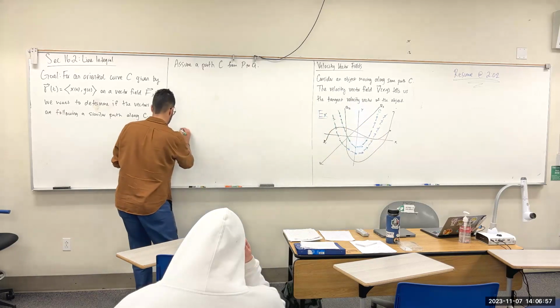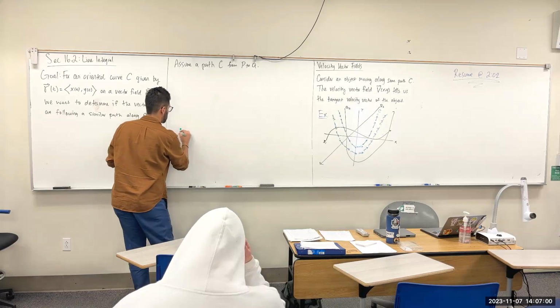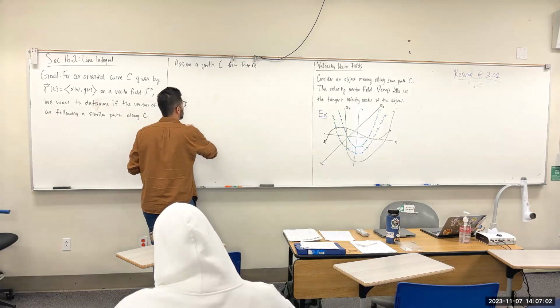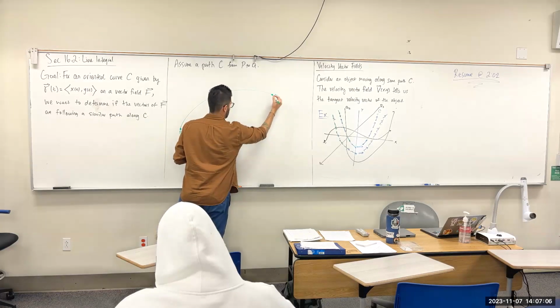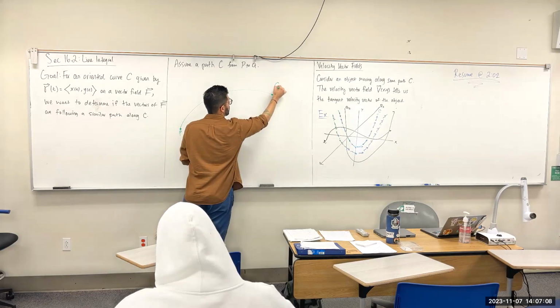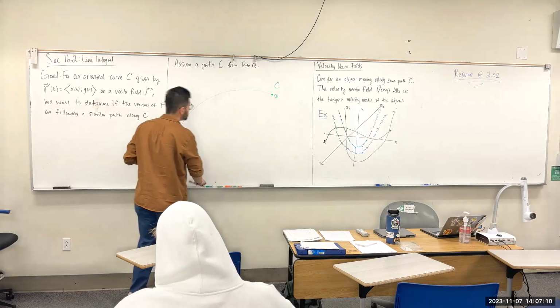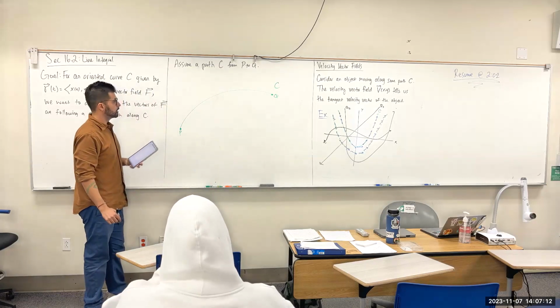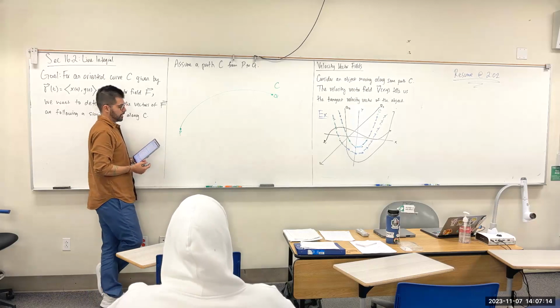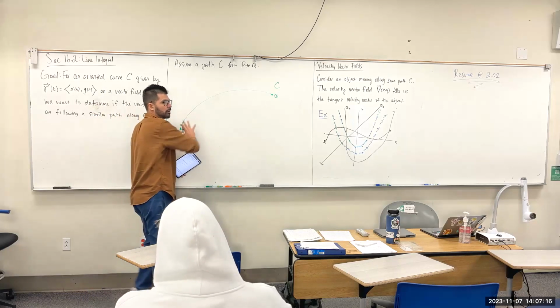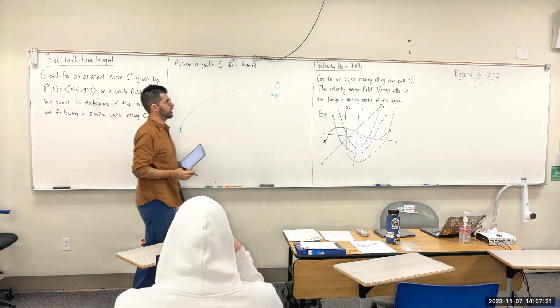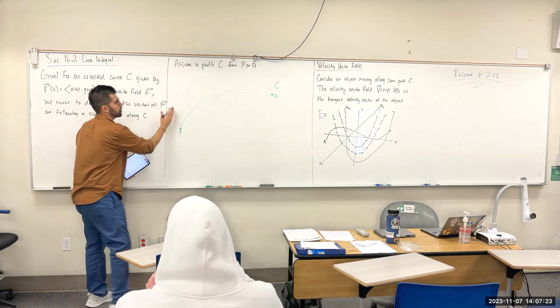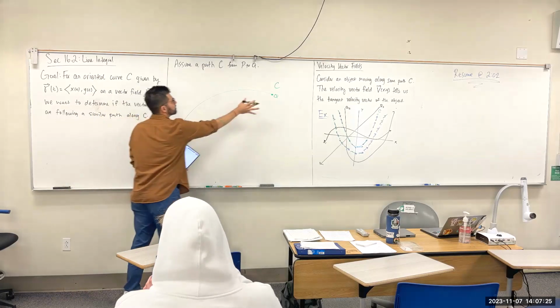Here's P, and then the path looks like this, and here's Q. So this is the curve C. And then you have all these vector field vectors on my board, everywhere. I'm not going to draw that, but pretend there are all these different vectors all over the vector field.